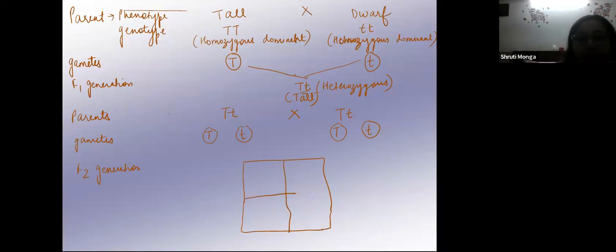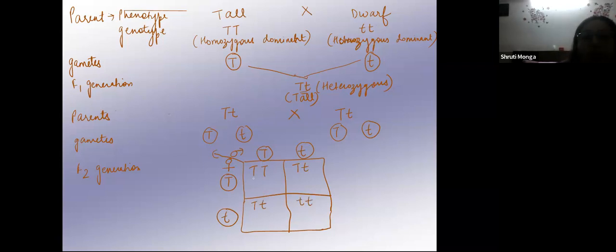The male gametes should be written here, the female here. One is this, one is this. The female is also same. Now start multiplying it: capital T, capital T; capital T, small t; capital T, small t; and small t, small t.